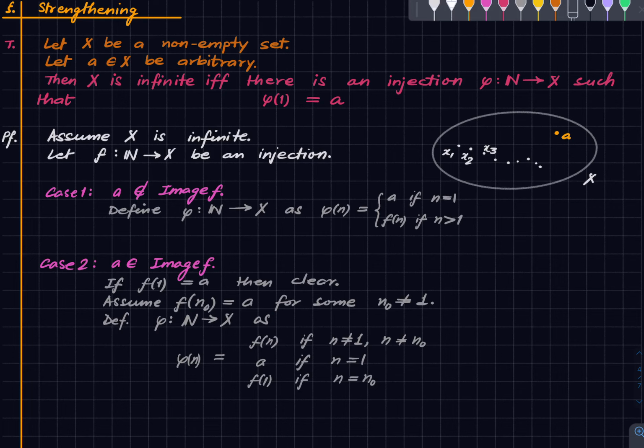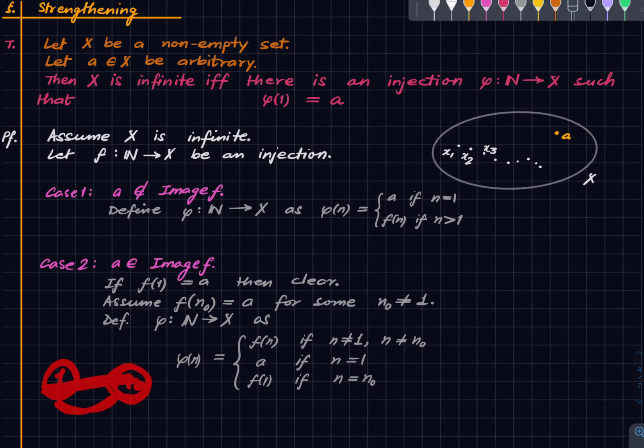Again, this may look complicated, but all we are saying is, what does phi do? It behaves exactly like the function f, except on 1 and n naught, the behavior is switched. Whatever f was sending 1 to, phi sends n naught to that, and whatever f was sending n naught to, phi is sending 1 to that.